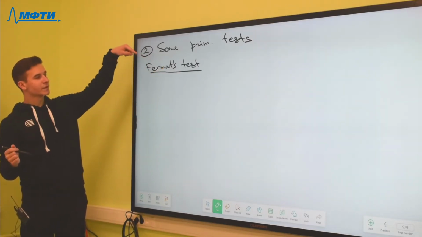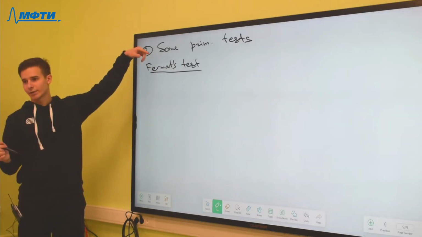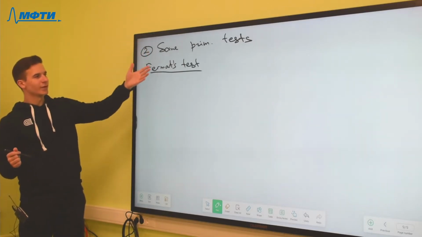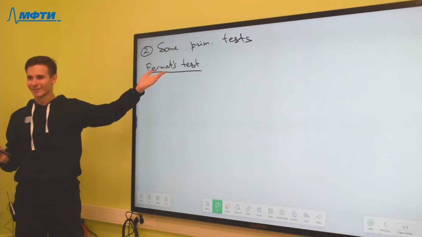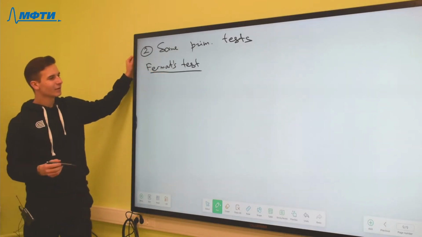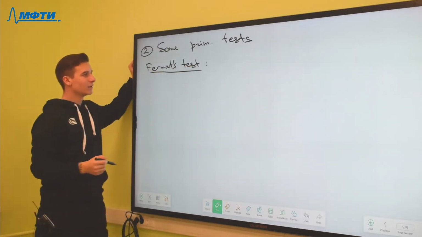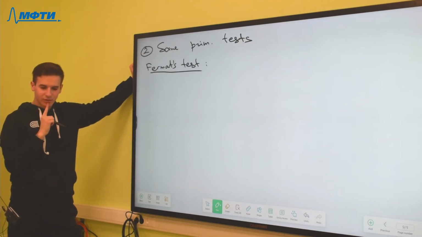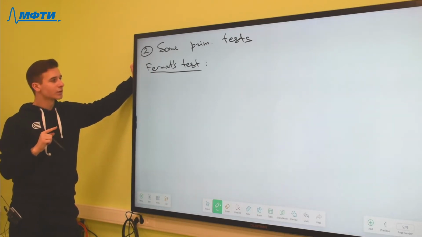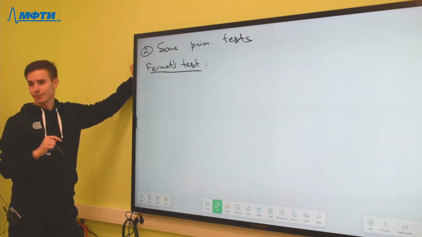It is based on the Fermat Little theorem, of course, by the name of it. It is understandable, yeah. And it is a probabilistic test to understand if we have a prime number or not.